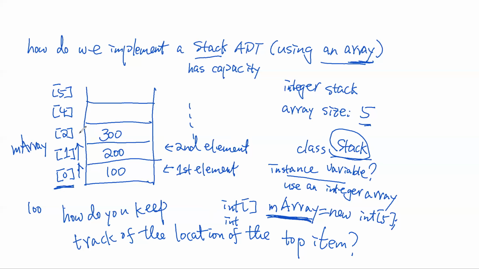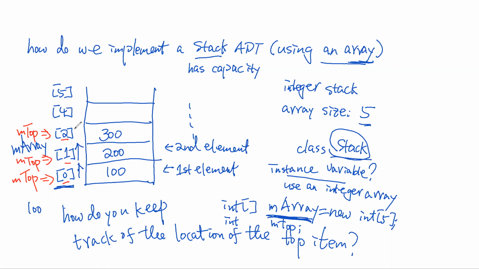mTop. And then the question is where you initialize this mTop. You can also see that when you add 100, mTop is 0, and when you add 200, mTop changes to 1, and when you add 300, mTop changes to 2.